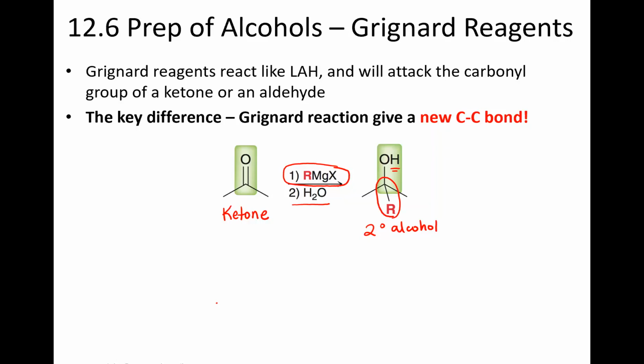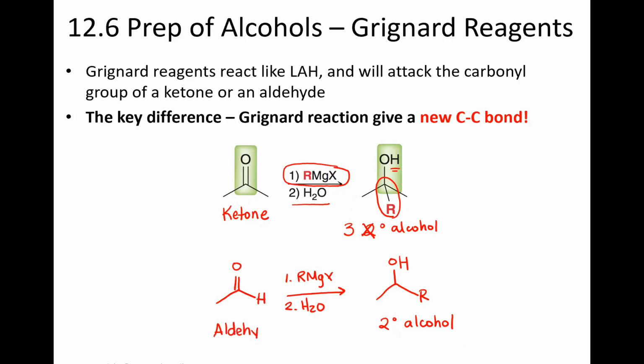Another example would be if you had started with an aldehyde and treated that with a Grignard reagent, keeping this very generic, RMgX, then water. We could form a new carbon-carbon bond. Excuse me, up here this was a tertiary alcohol, and this is a secondary alcohol. So ketones form tertiary alcohols, and aldehydes form secondary alcohols.